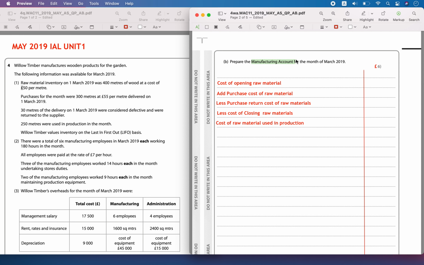Here I have to put the heading: manufacturing account for the month of March 2019 for Willow Timber manufacturers.